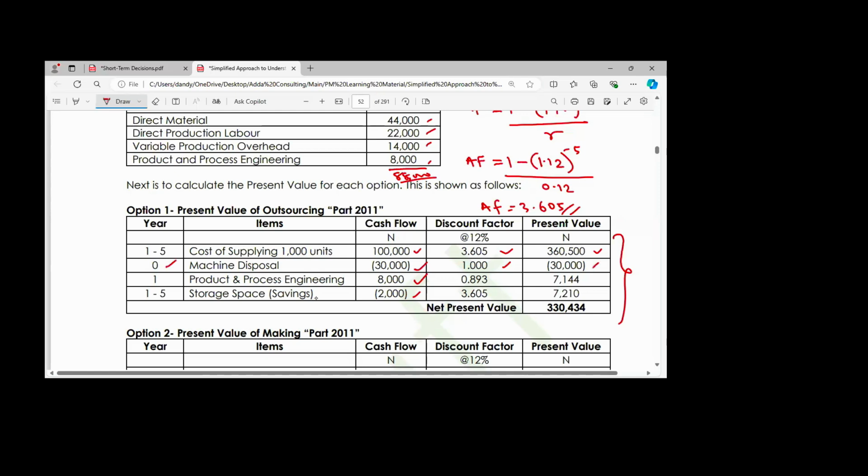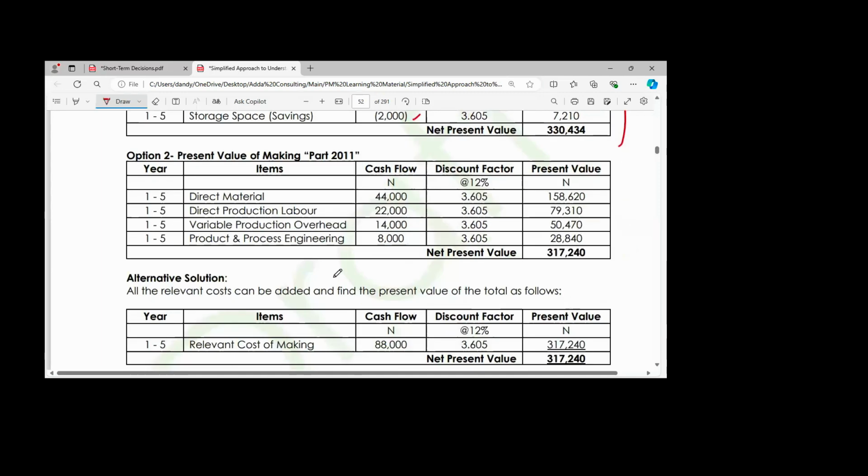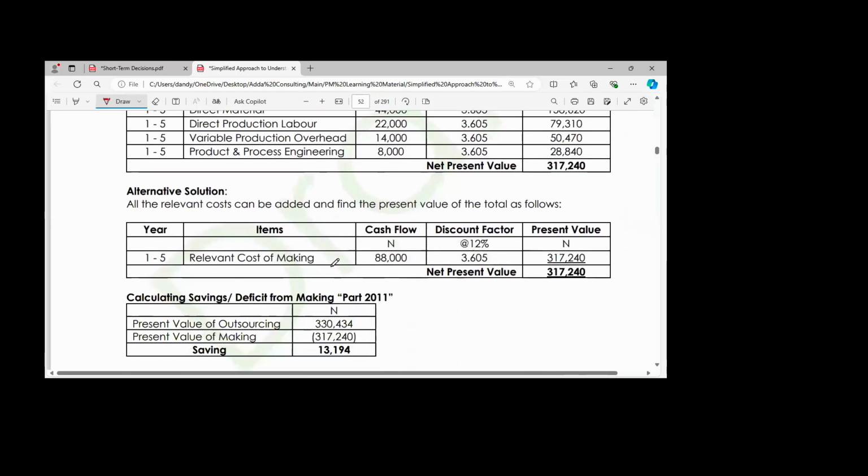Then process and product engineering is 8,000 naira for year 1 only. So I need to calculate the discount factor for year 1. How do you calculate the discount factor? The discount factor is calculated as 1 plus R raised to power minus N. Therefore, the discount factor for year 1 will be, my cost of capital is 12%, that's 1.12 raised to power minus 1.